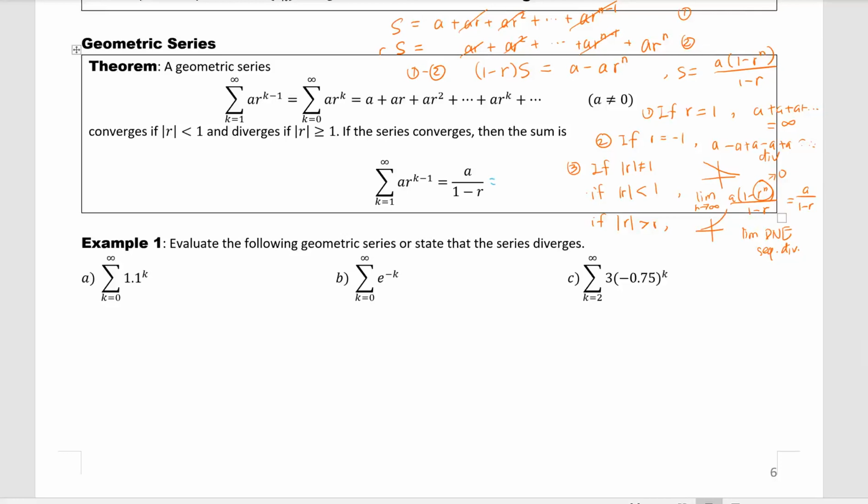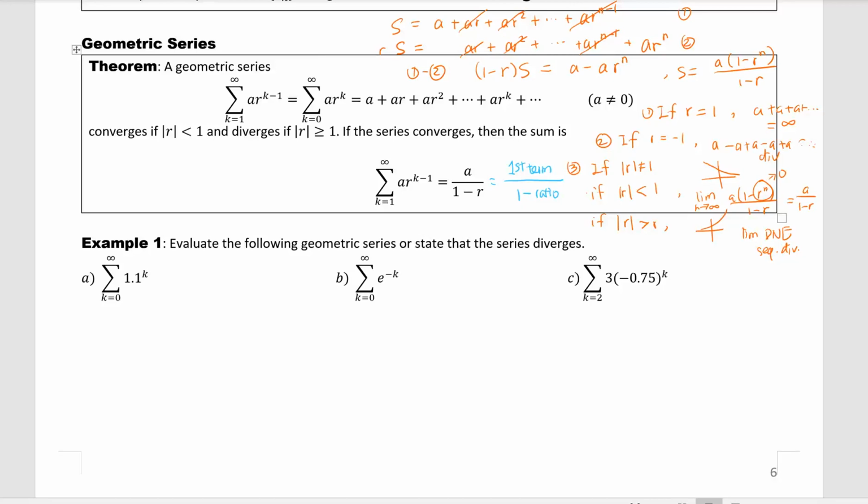Instead of a, I hope you remember it is the first term over 1 minus the ratio. If the first term is not a, the formula still holds, with whatever the first term of the geometric sequence is. Okay, so let's look at examples.